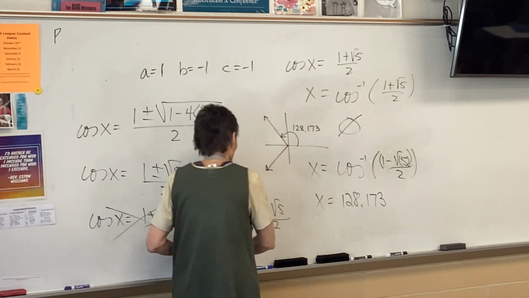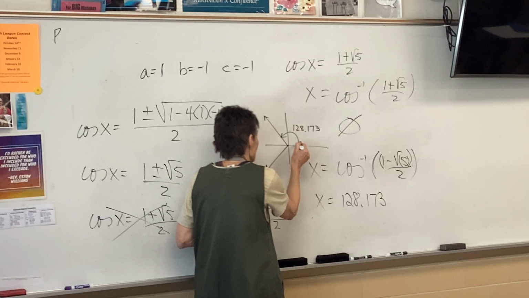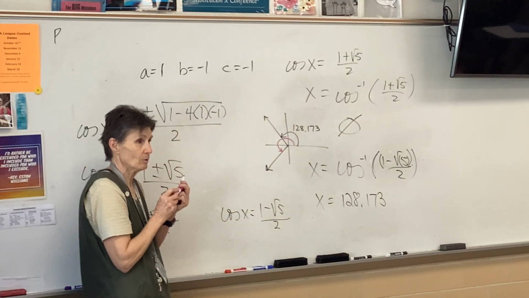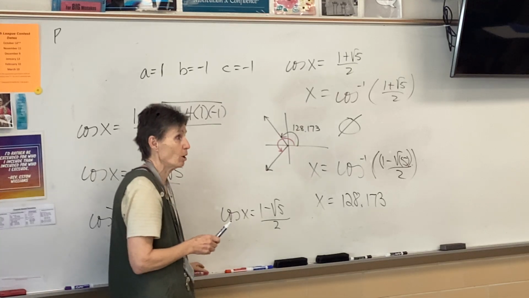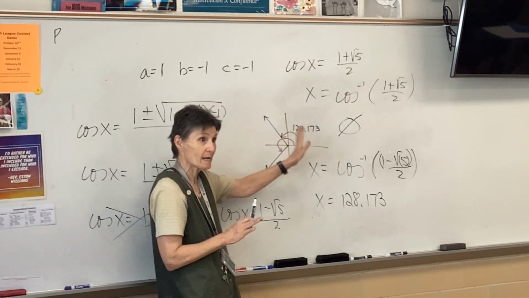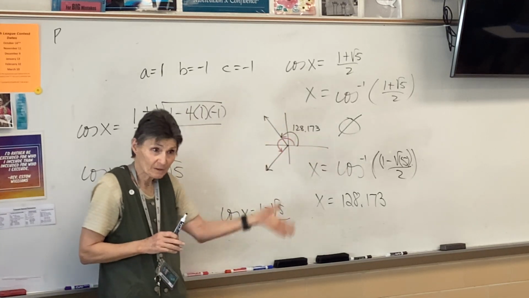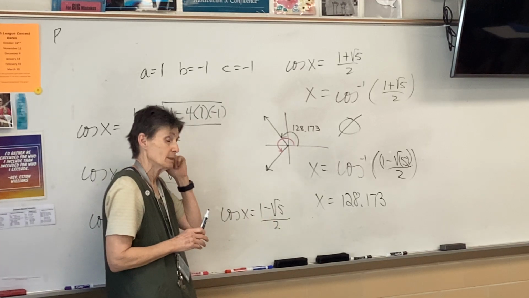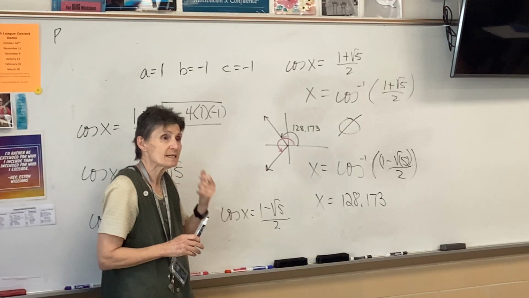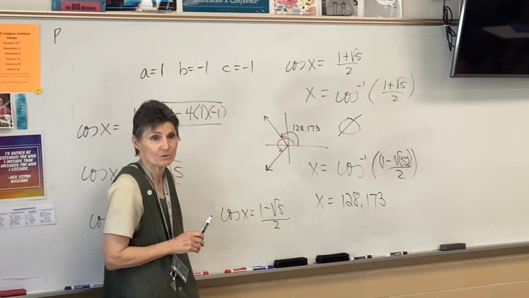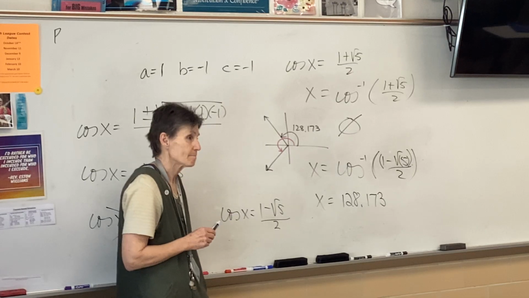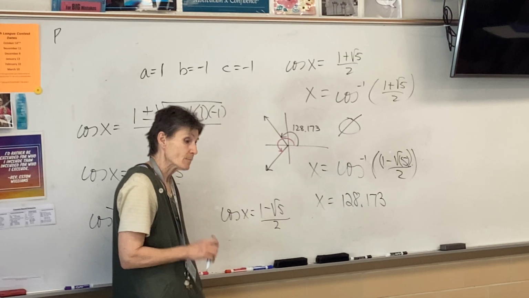So now we need to figure out this answer. The calculator will always give us the smallest one, so it gave us the 128. But now we have to figure out the bigger one, just like we have done in the other problems we did. Any idea how we might do that? 180 minus 128.